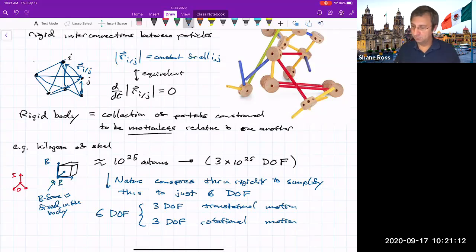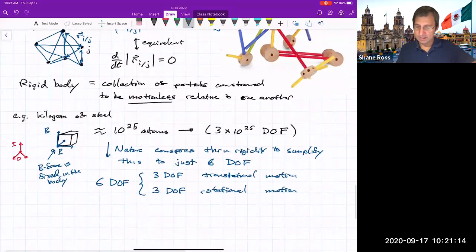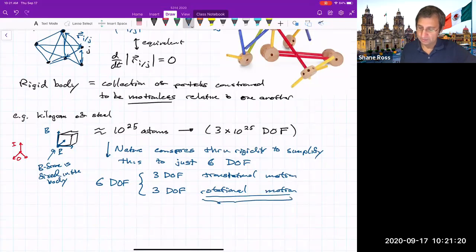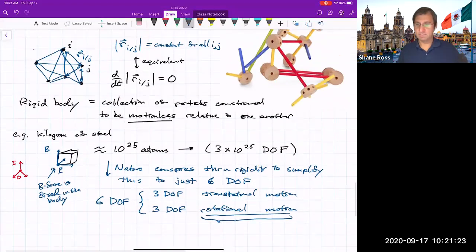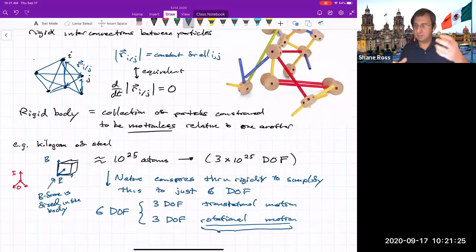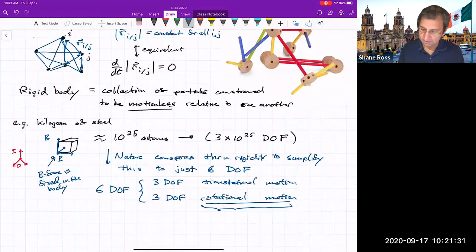We'll talk more about that later. This is just rotational motion. And why is that? You could hopefully convince yourself, if you had Tinker Toys or something, that if you have things that are rigidly attached, they can't do any other type of relative motion. So rotational motion is the only relative motion allowed when you have rigidity.